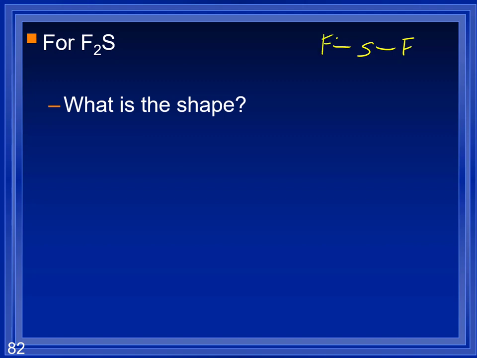So fill everything in. And when I'm done, 2 fluorines is 14 dots and the sulfur 6 more is 20. I should have 20 dots up there. And I do. Trust me. I've done it before. Well, 6 on the ends and 4 in the middle. There. That's 20.